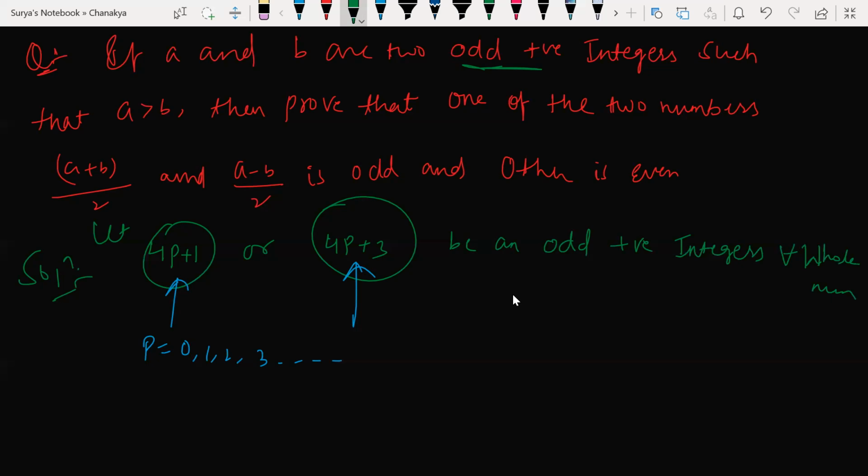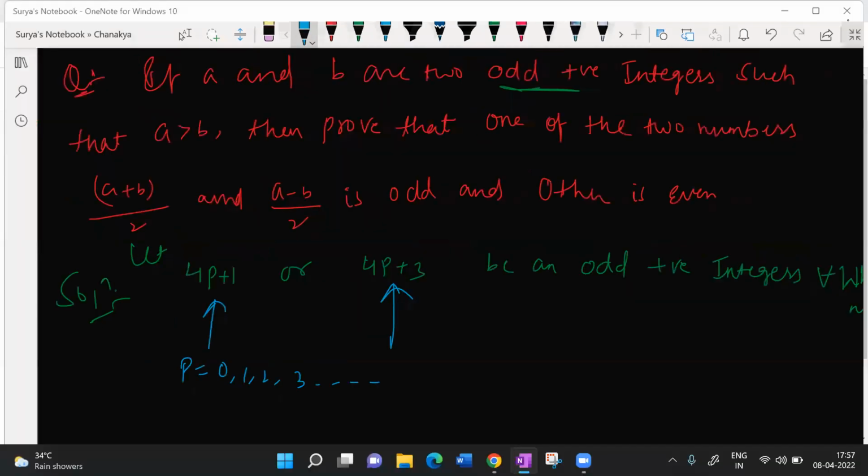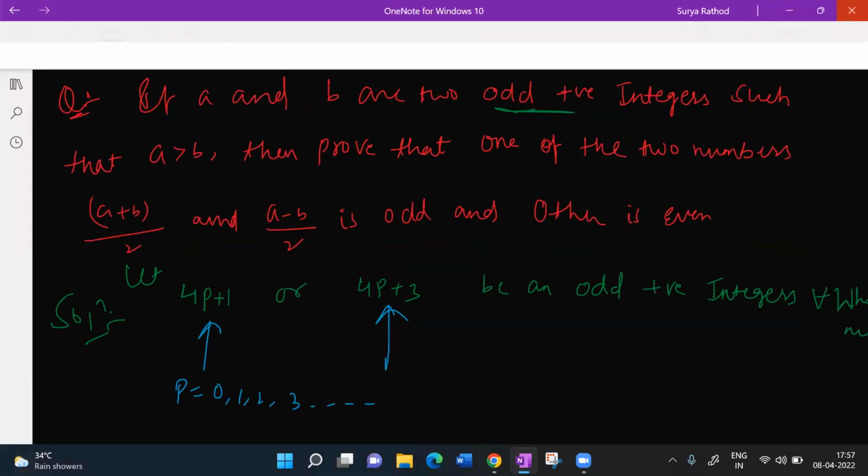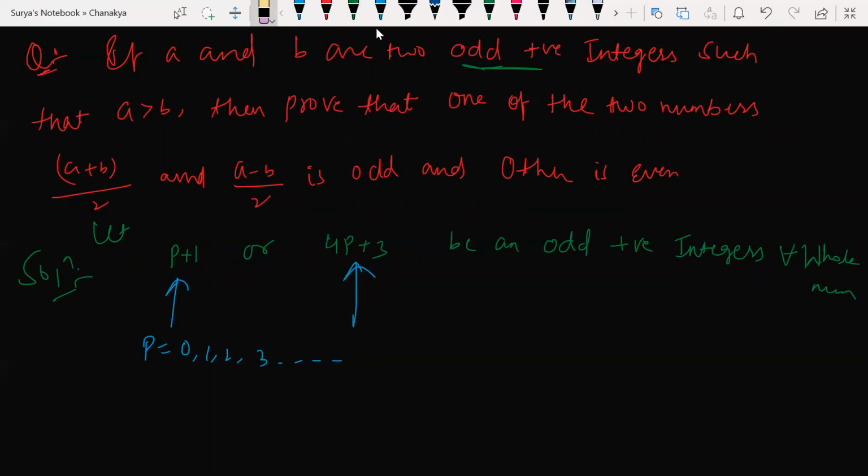No doubt, sir. Actually, I got disconnected. Can you once again explain how we got 4p there, sir? How we got 4p? You can take any 2p, no problem. You can take anything, it's not to be 4 only.